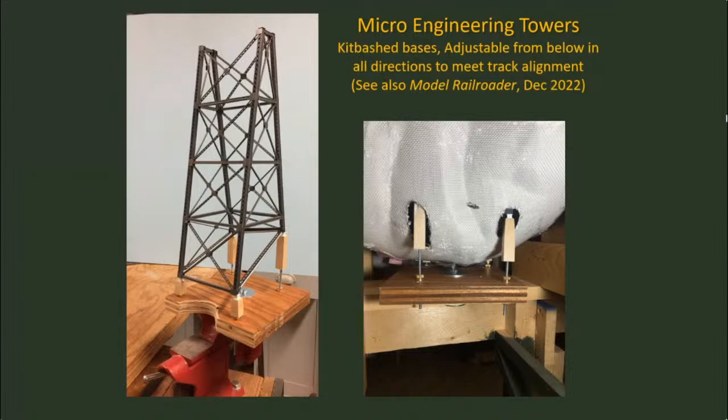And then on the right is what it looks like underneath the hard shell, where I've put some leveling screws and then a screw with a fender washer and a big opening in the middle. So I could adjust the tower horizontally, vertically, everything. All the degrees of freedom were handled there, so I could get the tower where I needed it to be for the alignment.